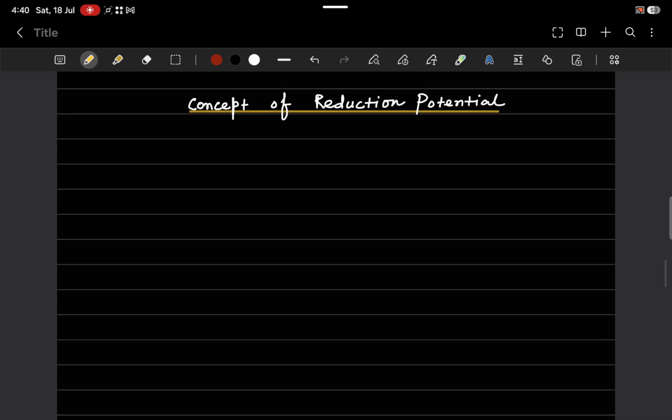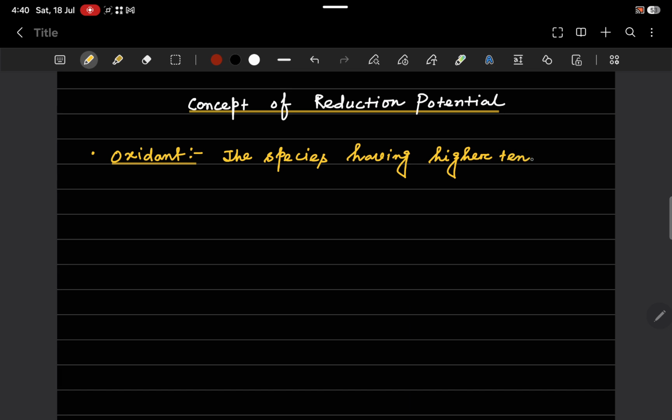If I ask you what is an oxidant, very important: it means the species having a higher tendency of accepting the electron.